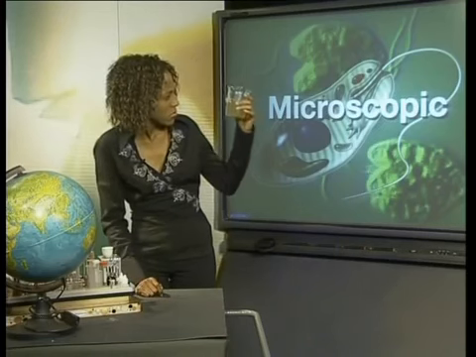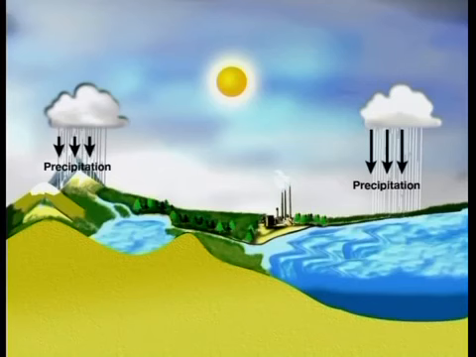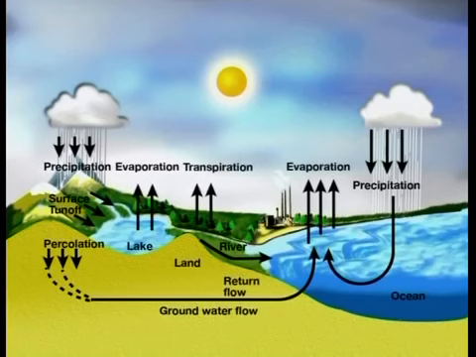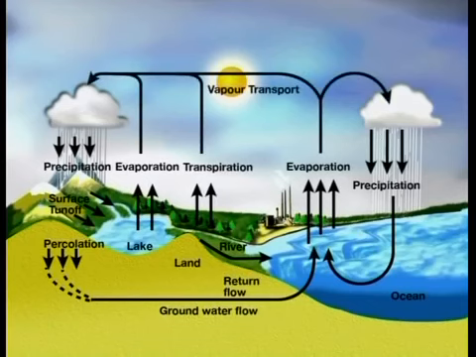If you look into this beaker of pond water that I've collected, what can you see? Nothing really. On Earth, the water cycle. This cycle helps us to explain how it is possible to maintain life on Earth with such a small percentage of fresh water. Just think, the water we are drinking would probably have been drunk by dinosaurs millions of years ago.